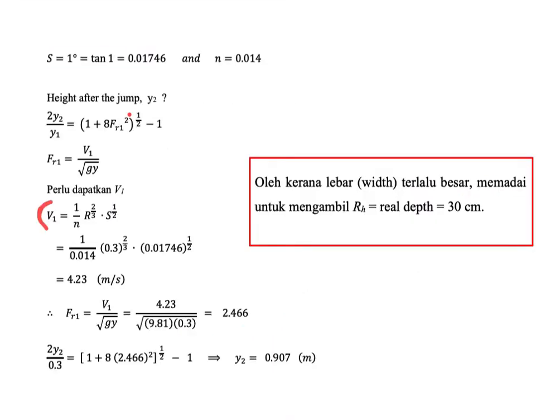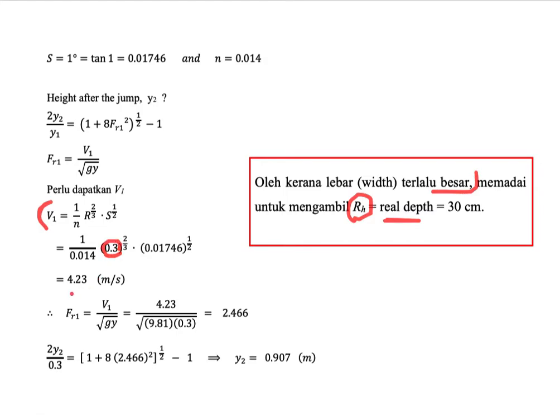So we can conclude that if the width is very big, it is okay for us to take the hydraulic radius equal to the depth. So we take the hydraulic radius as 30 centimeters, and substitute 0.3 meter here.